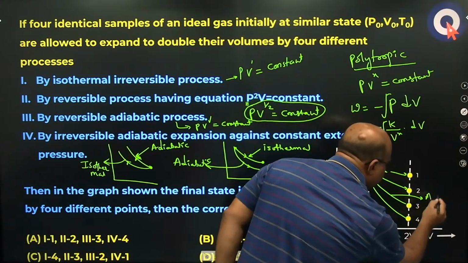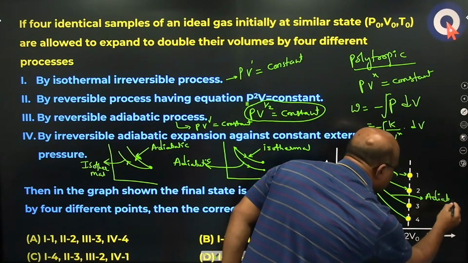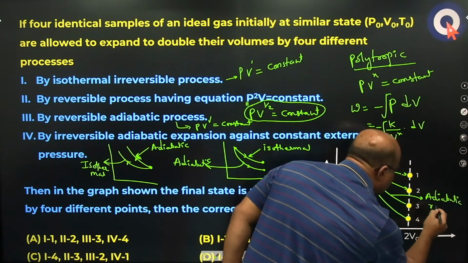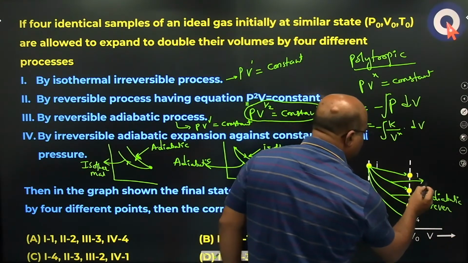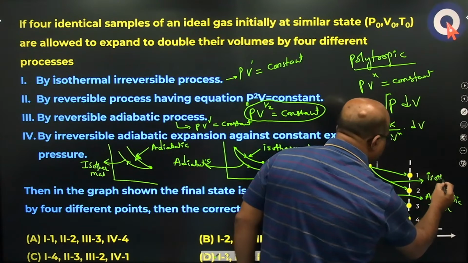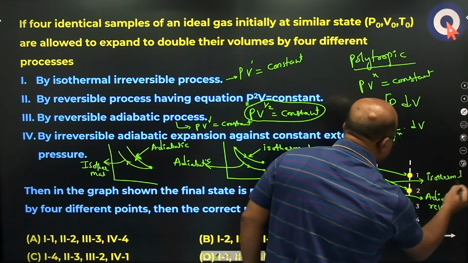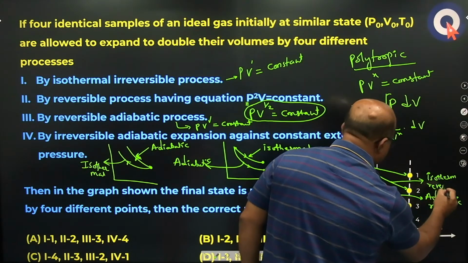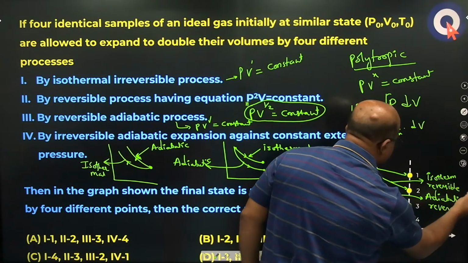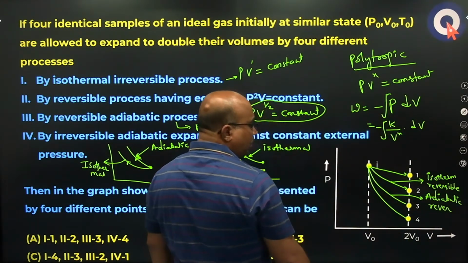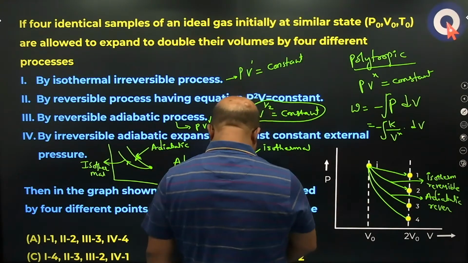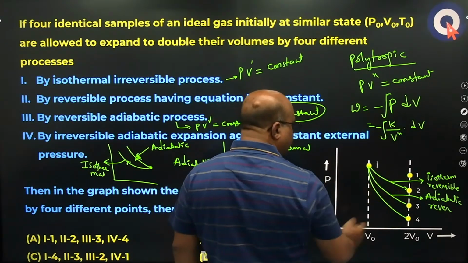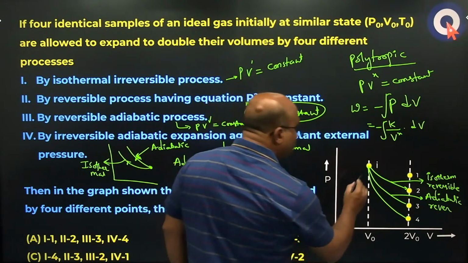adiabatic reversible. This will be isothermal reversible. But actually we define the irreversible process, where a sudden drop will be there. So the sudden drop will be there in case of isothermal.